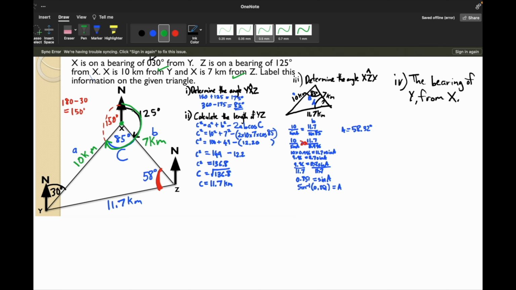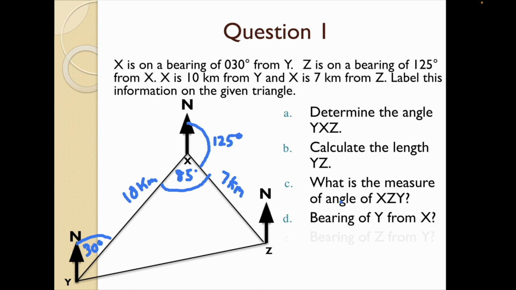So this full bearing here therefore has to be 125 plus 85, which is 210 degrees. Okay? Make sense? All right. Next question.